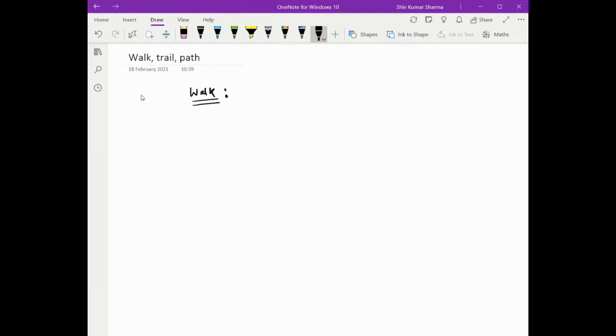These are other types of graph. So for the definition of walk, we define it as a finite alternating sequence of vertices and edges.